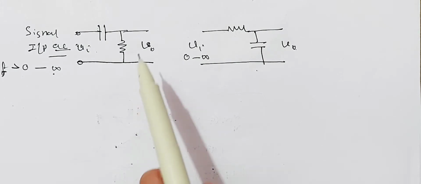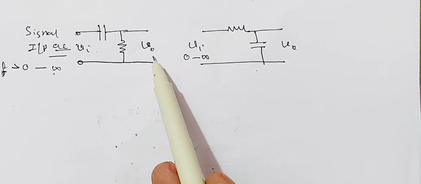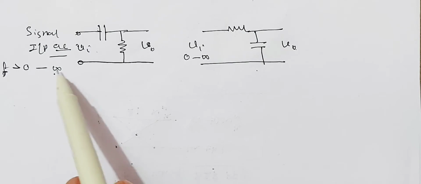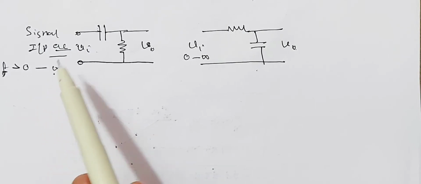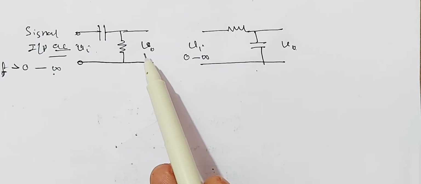Thus, the output voltage is produced not for all the frequency. The input voltage has frequency from 0 to infinity, but output voltage is produced only for a particular specified frequency.